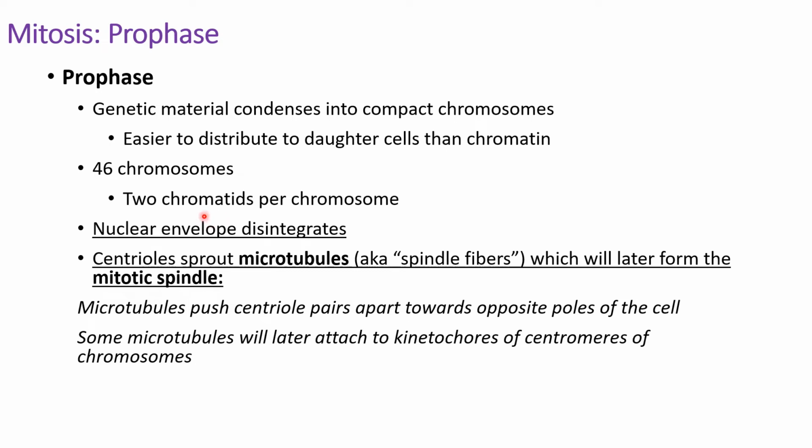Now these 2 chromatids are held together by something called a centromere. On the outside of the centromeres, you have these other little structures called kinetochores. It is the kinetochores that the microtubules will attach to in order to achieve the process of moving chromosomes to opposite sides of the cell.